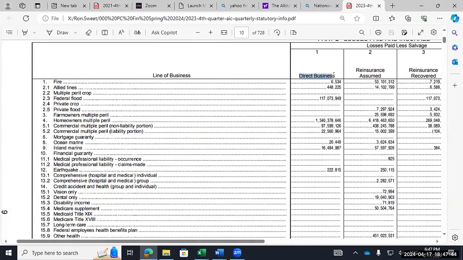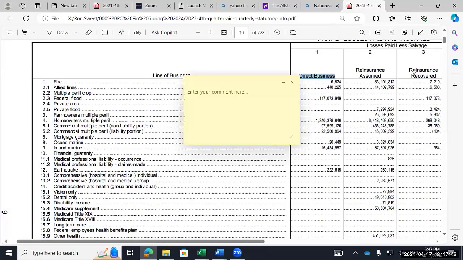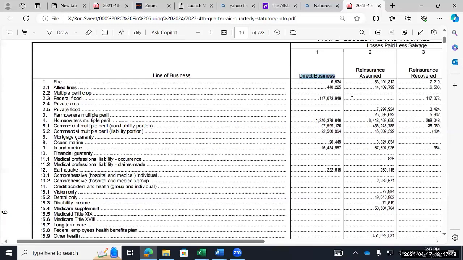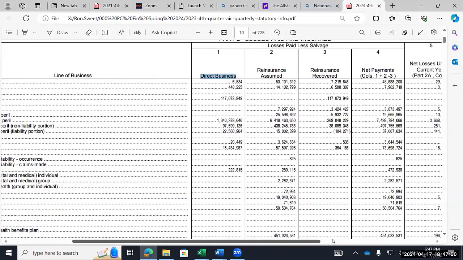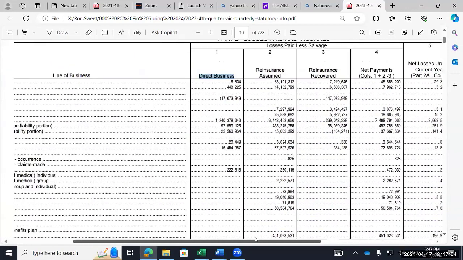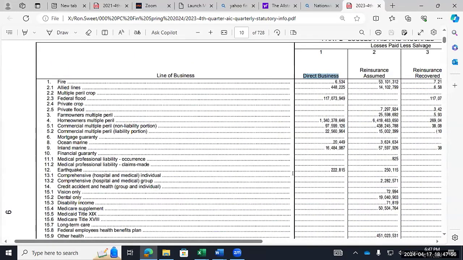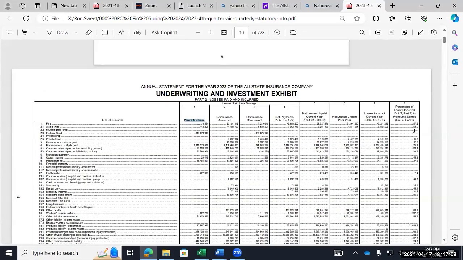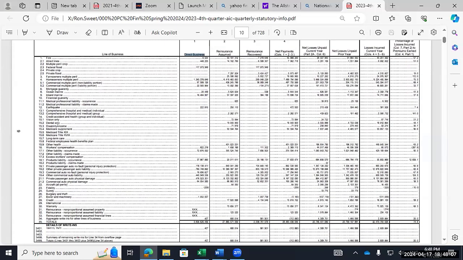Again, they break up direct business, assumed, and ceded, and they go all the way across with losses. So it gives you a detailed statement, and they do give the percent. Unfortunately, we can't look here. Let's see, where is auto insurance? Man, my eyes.